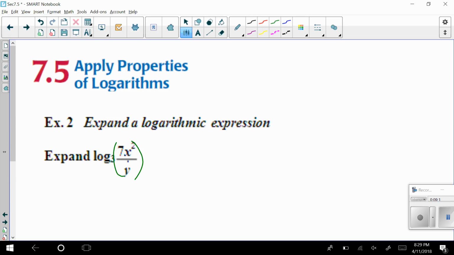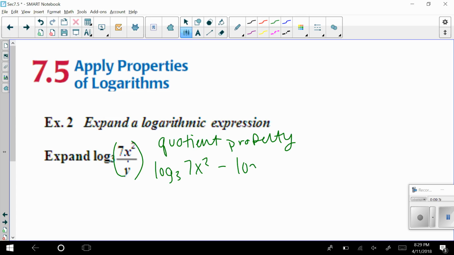So we're taking the log of this whole thing. So first we're going to use the quotient property. And that gives us log base 3 of 7x squared minus log base 3 of y.